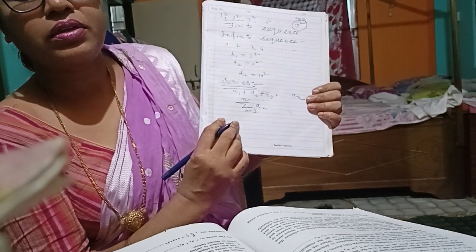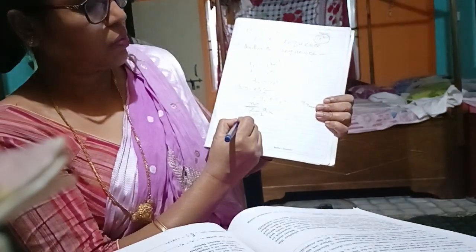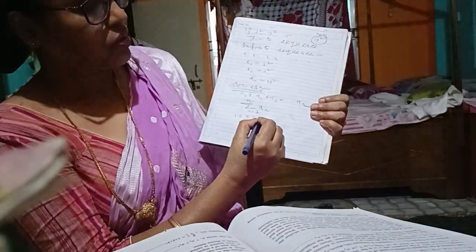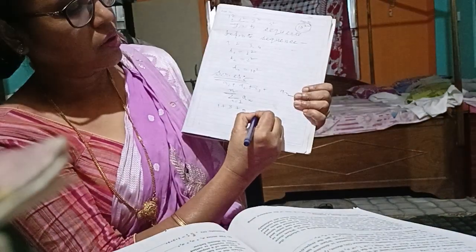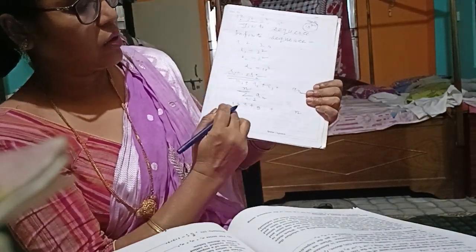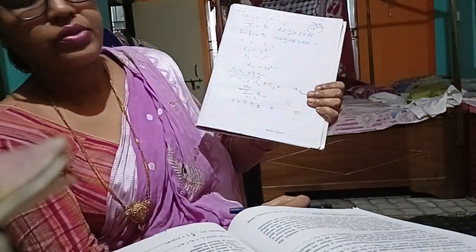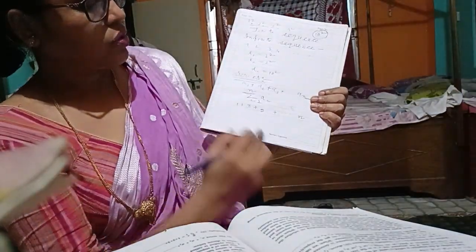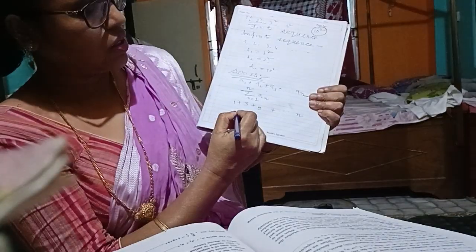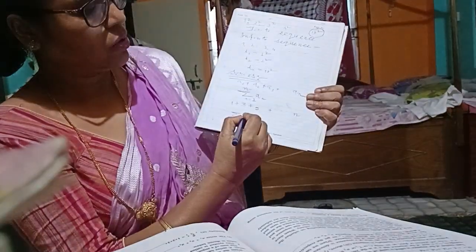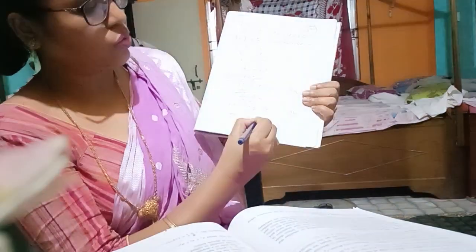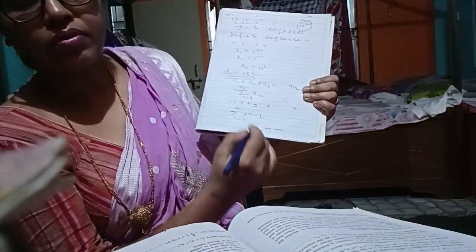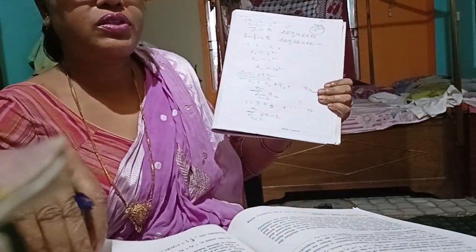Or another example, suppose 1 plus 3 plus 5 up to n. What numbers are these? Odd numbers. So we can write this symbolically: summation of 2n minus 1, where n is equal to 1 to n. This is the series.